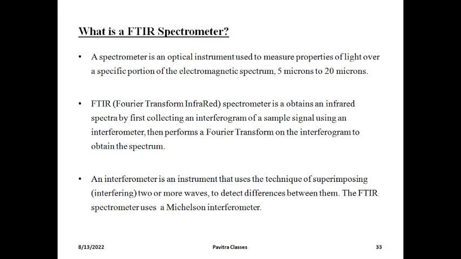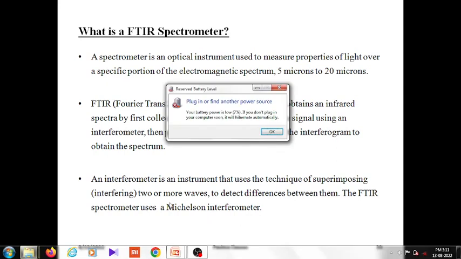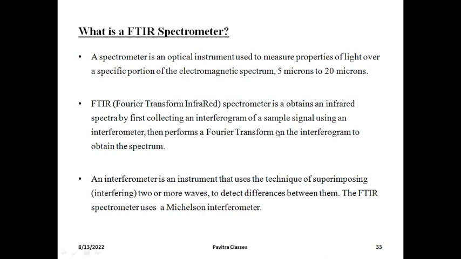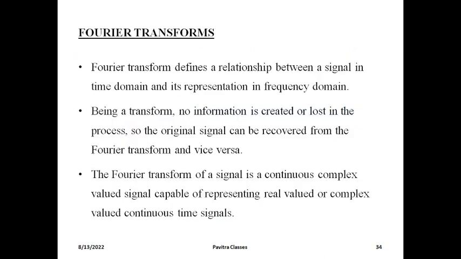The interferometer is an instrument used for superimposing of waves. So two or more waves are superimposed to detect the difference, as in the FTIR and the Michelson interferometer. The Fourier transform defines a relationship between the signal's time domain and its frequency representation. So once you keep one sample, it will give the result in this time that the sample can be analyzed.